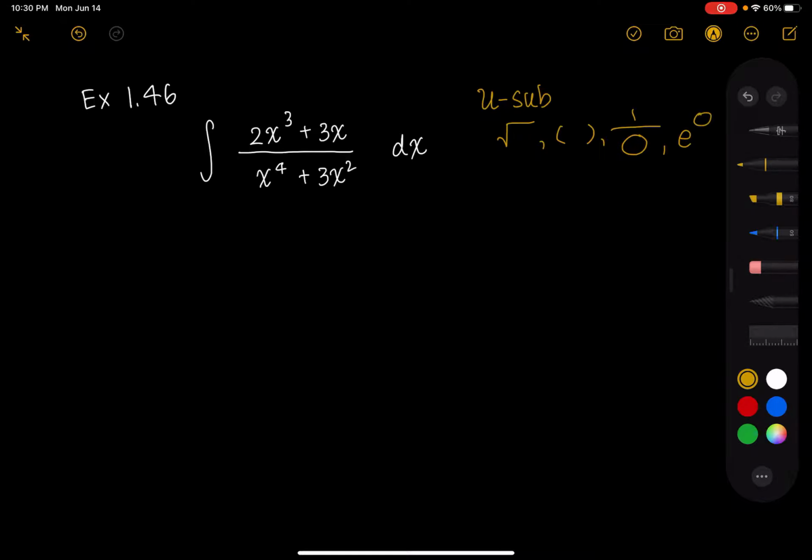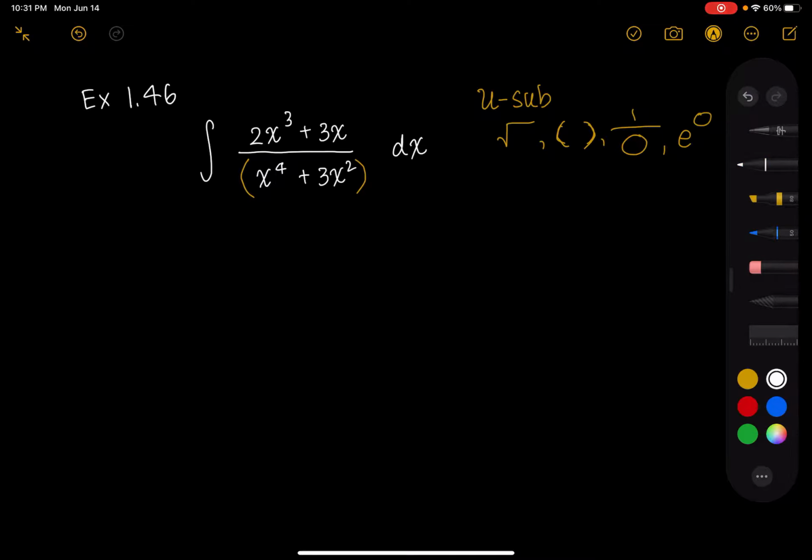Pretty much all of these are just saying find the parenthesis and set the expression inside the parenthesis to be a u, because there's a hidden parenthesis right here. When you divide x to the fourth power plus 3x squared, you're dividing the whole thing. So when you enter it into your calculator or your computer, you have to use a parenthesis anyways.